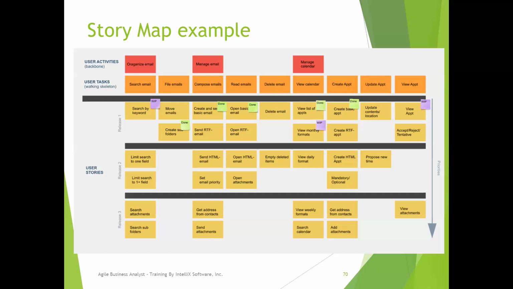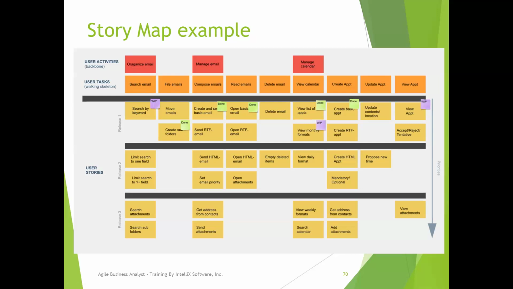So in a story map example, what you're trying to do is organize what all activities, and for each activity, what tasks you perform. Once you identify those tasks, then you start talking about how you're going to implement that task.